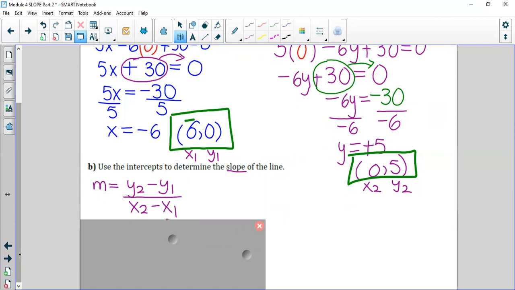And I'm going to walk you through it in a second. So when you are solving, remember to label, just like I did. You'll notice that I labeled my first point x1, y1, my second point x2, y2.